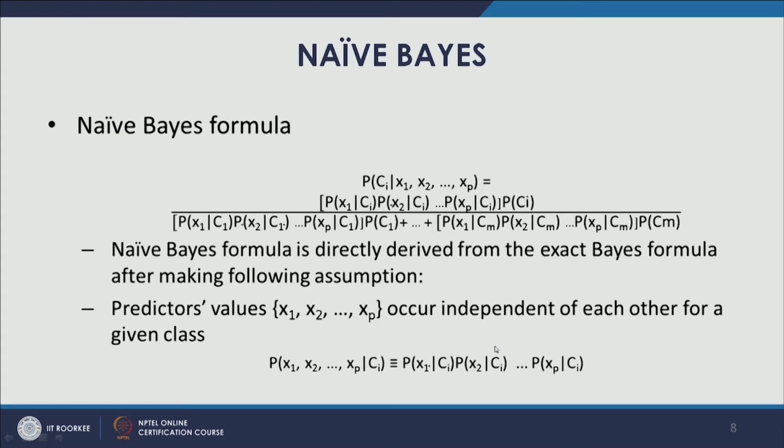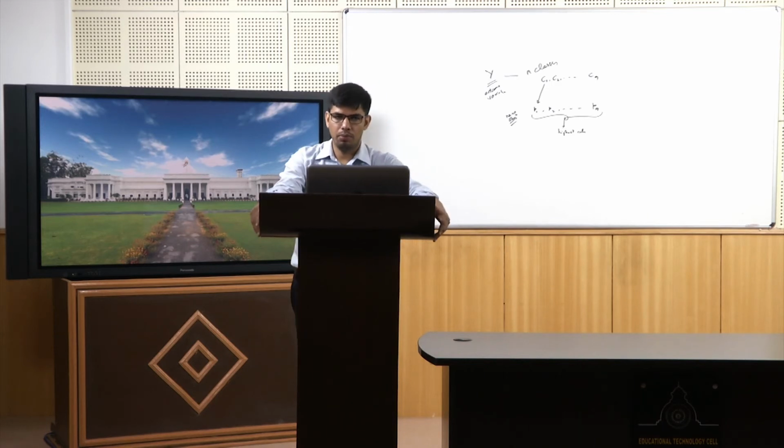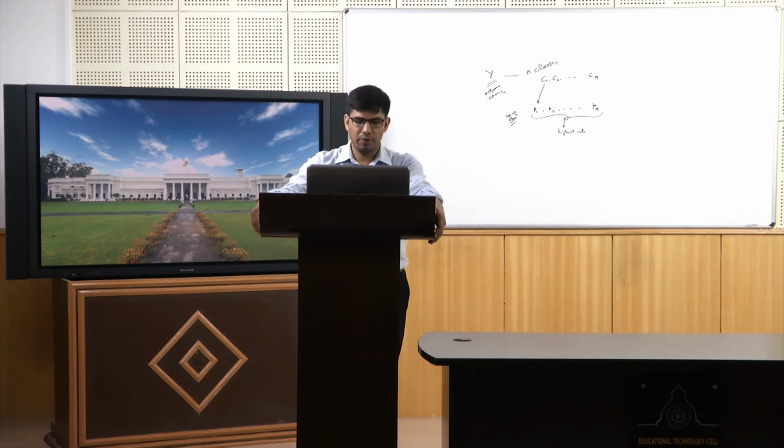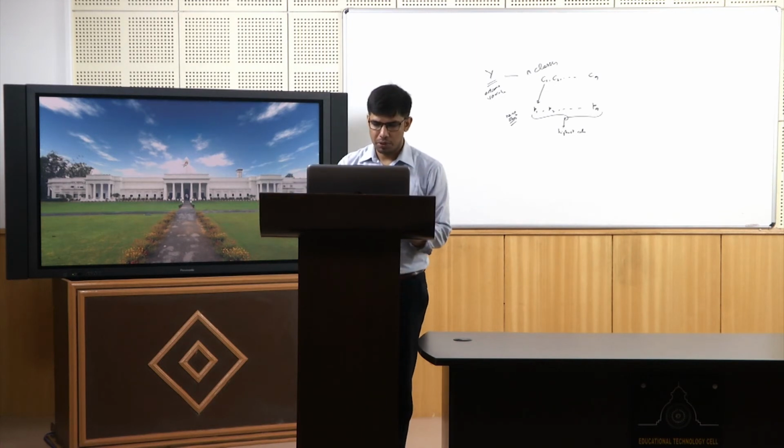As you might have studied in your probability courses, if events occur independently, then the probability of those events happening is the product of the probabilities of the independent events. This is the same thing that we have done, so this particular expression can be decomposed into this form.